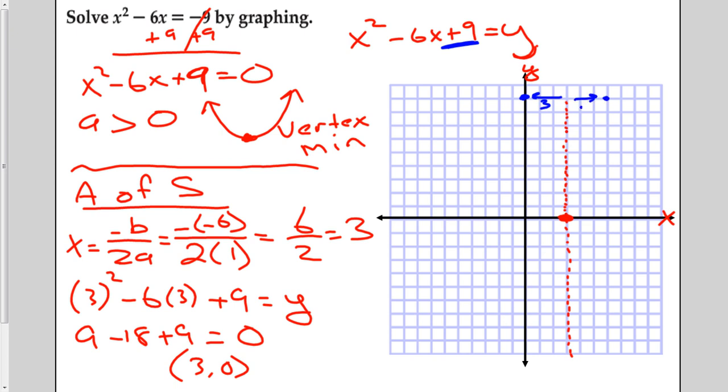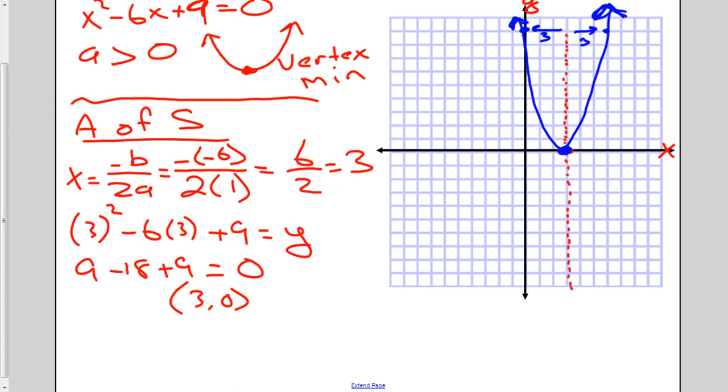And so when I draw this, I should recognize that my graph, which has the same form as the parent function, y equals x squared, only touches the x-axis at one point, and that point also happens to be my vertex. This means I have one unique solution for this graph. Okay? And so this is the one unique solution.